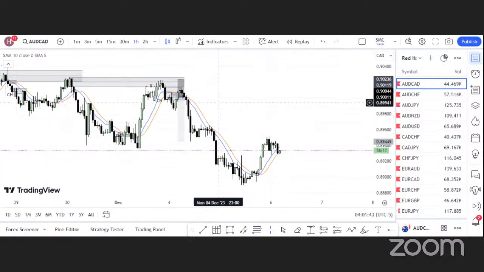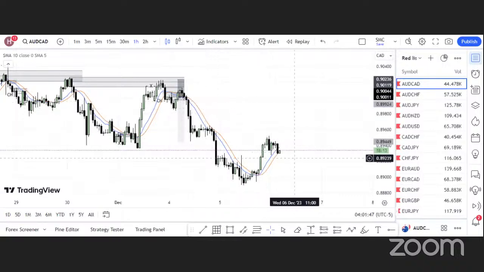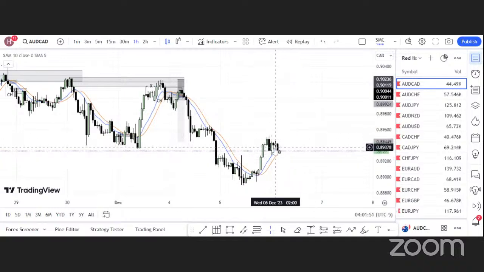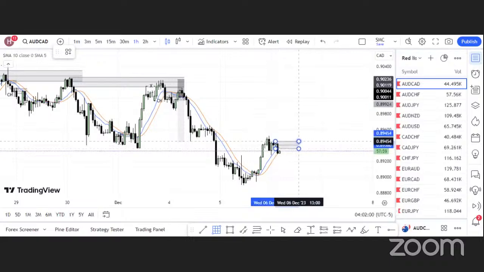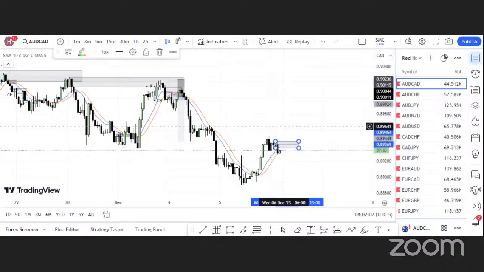Okay, so moving on, we have this movement in the market right now. Let me mark this out, the last bullish candle here. Then we will go to the lower time frames.